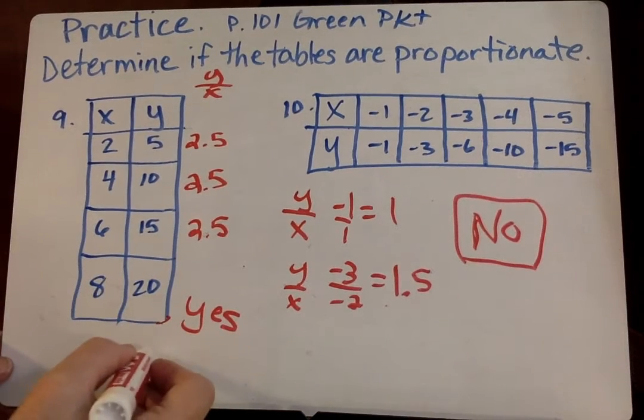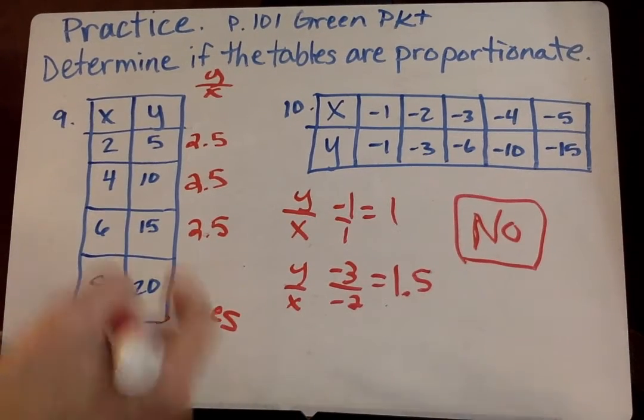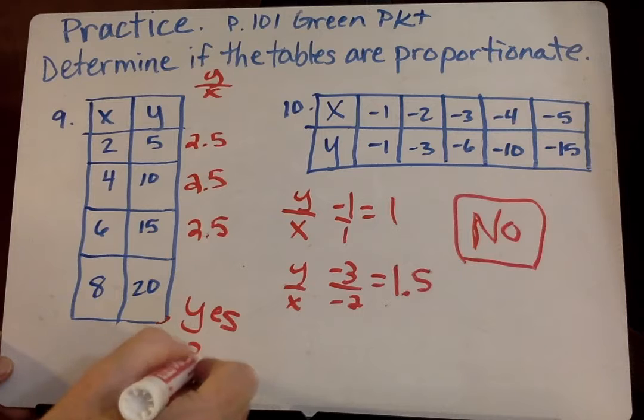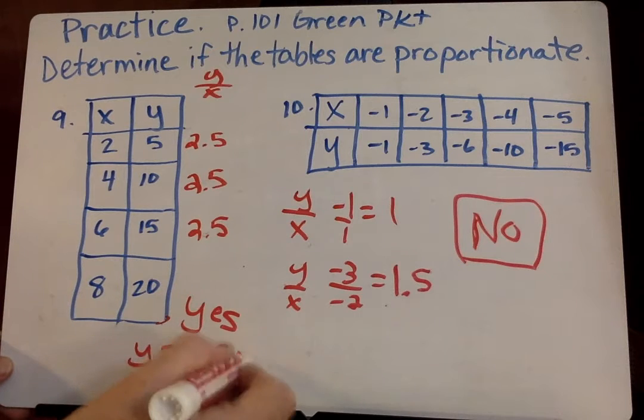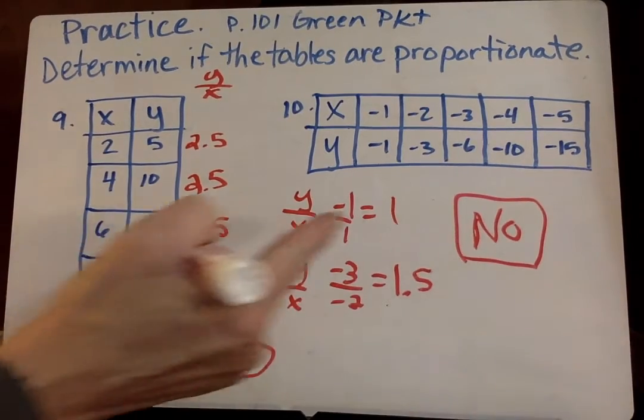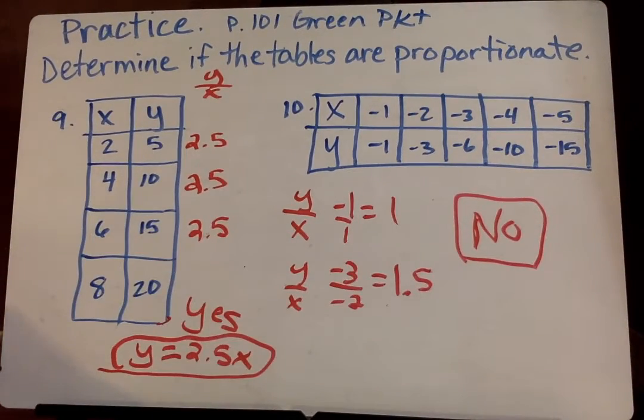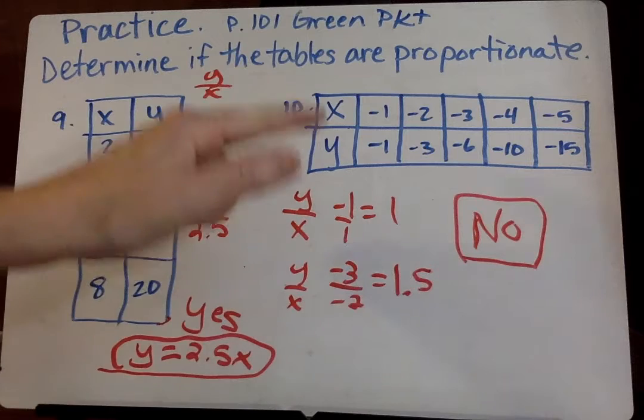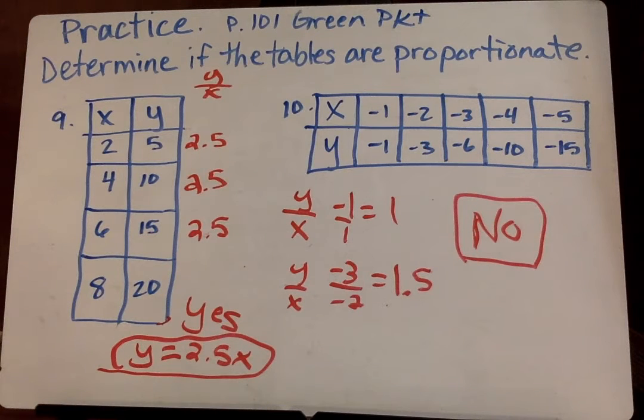And then you write the equation, y equals, your unit rate is going to be 2.5, and then multiplied by x. There's your unit rate equation for this table. This one will not have a unit rate equation because we have different unit rates and it's not proportionate. Okay, let's go on to page 102.